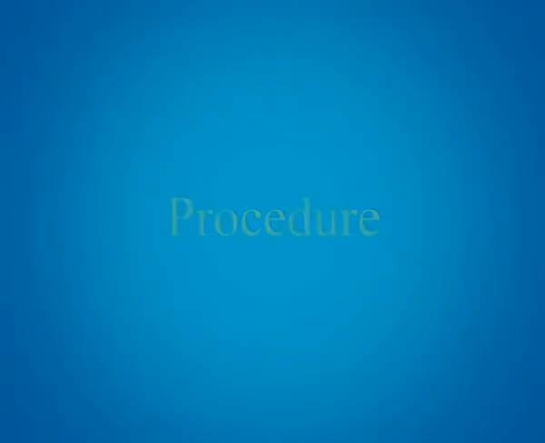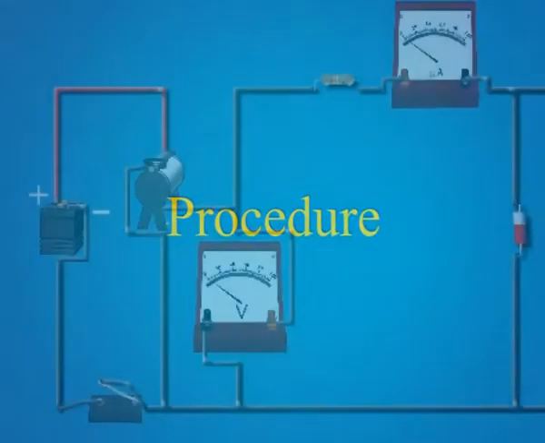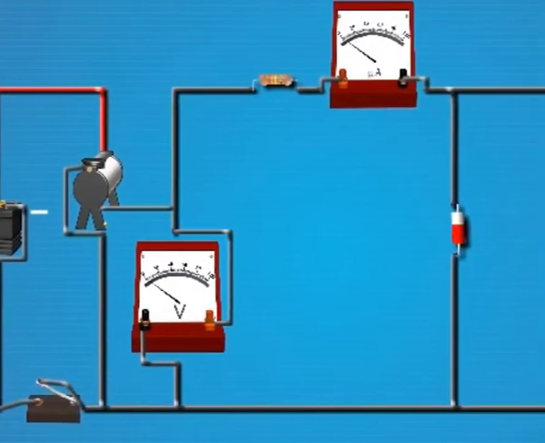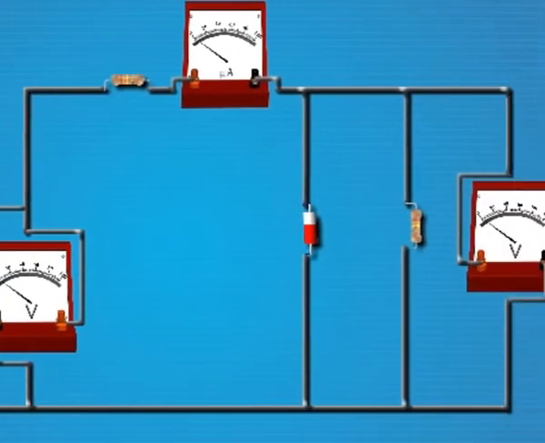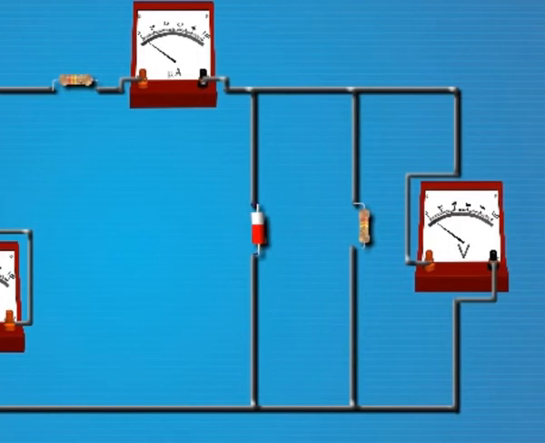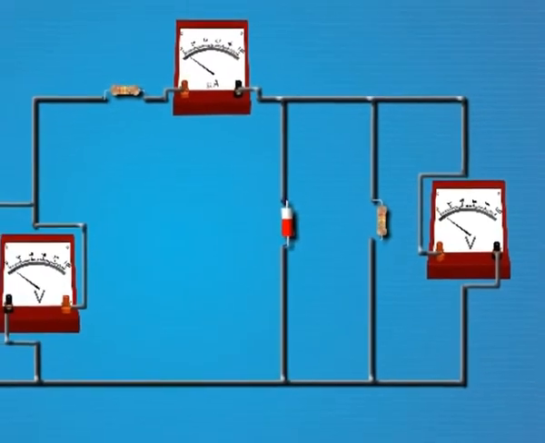Then, to start the procedure, we will begin with making the connections according to the scheme of connections, while making sure that the Zener diode is reverse biased.